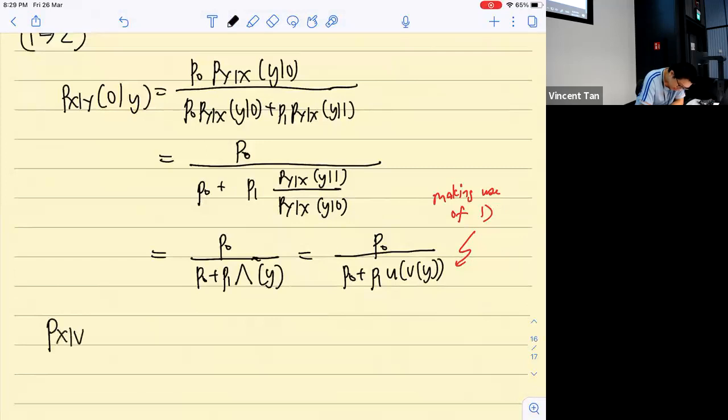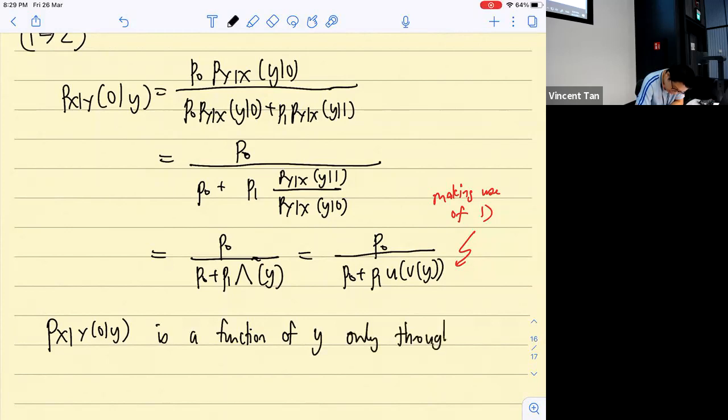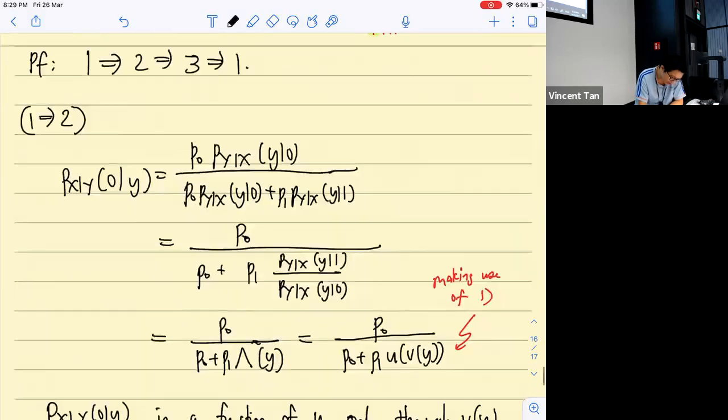We have asserted that p of x given y, 0 given y, this is the conditional probability of x being equal to 0 given y equals y, is a function of y only through the sufficient statistic v(y).